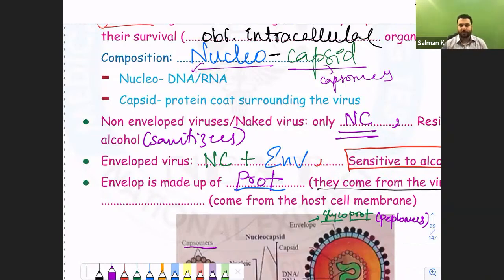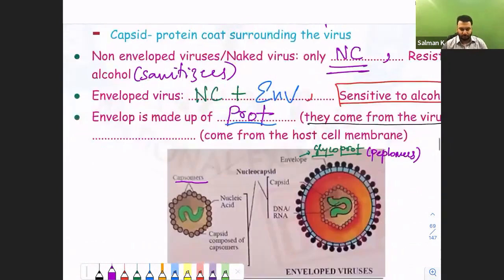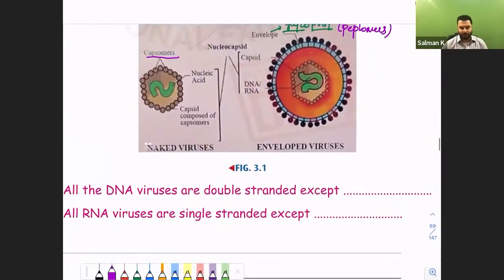Now, if this much is understood, let us continue. Depending on naked or enveloped virus, how are you going to identify them first of all? See, everybody will have nucleic acid.